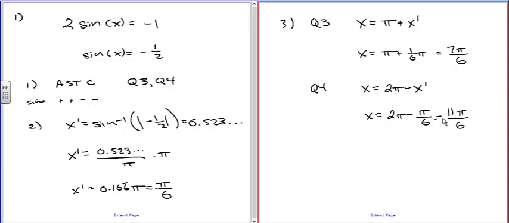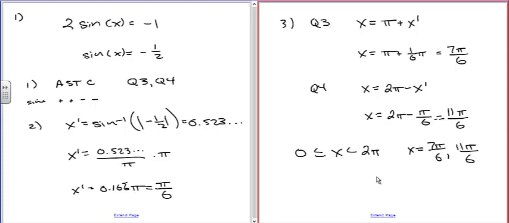So those are my two solutions between 0 and 2 pi. So if x is between 0 and 2 pi, x equals 7 pi over 6 and 11 pi over 6.